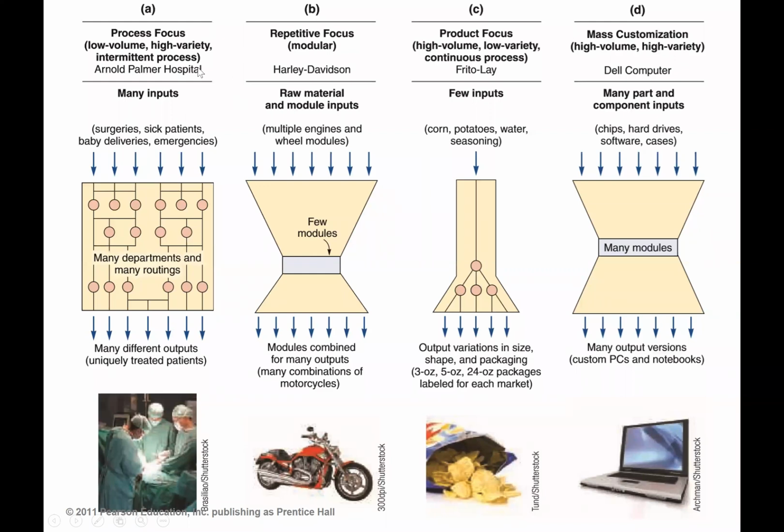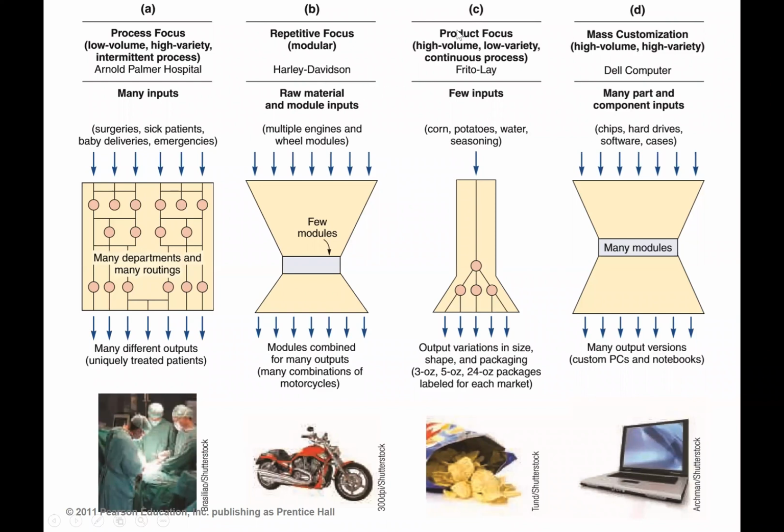Again, this is a nice one page to look at that explains the four processes: process focus, repetitive focus, product focus, and mass customization, right? So to remember them easily, when we talk about process focus, talk about a hospital, and the different wards. Repetitive focus, talk about Harley Davidson or a car manufacturing plant.